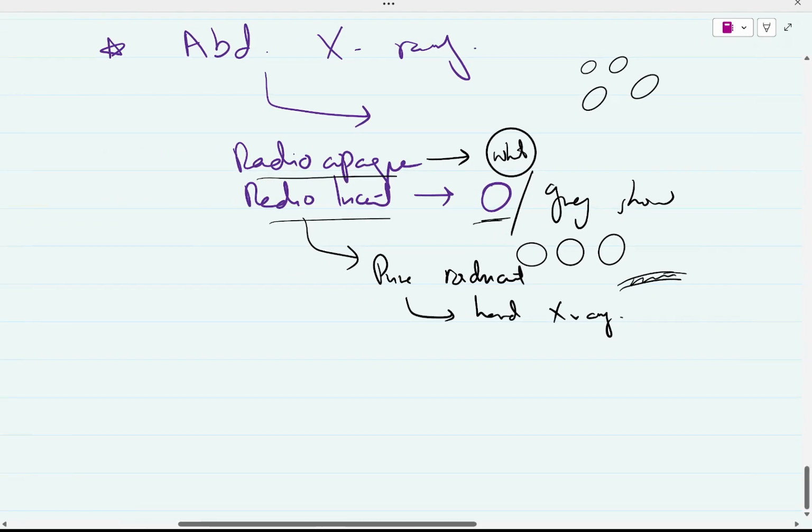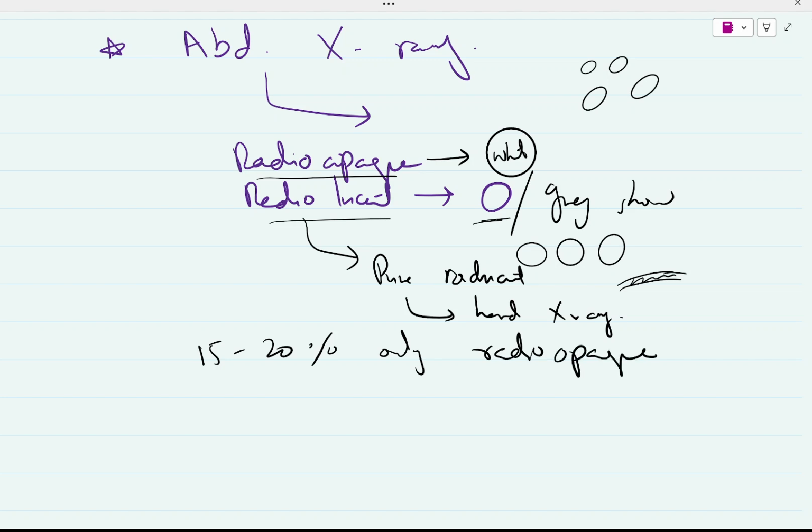So if a stone is radiolucent, it is hard to detect on X-rays. Only 15 to 20% of stones are radio opaque. So that's why we perform ultrasound abdomen more commonly than abdominal X-ray.